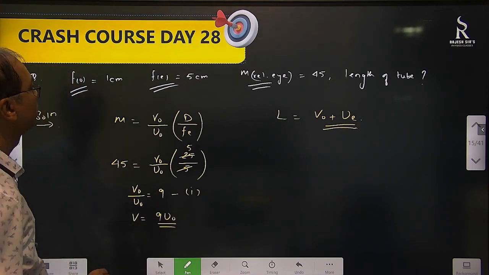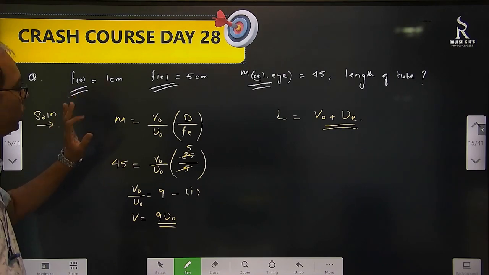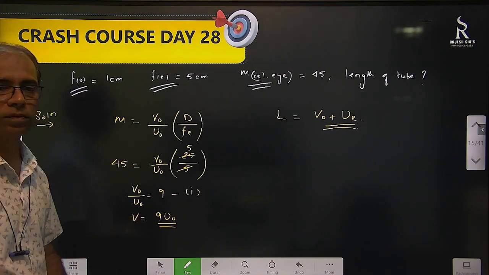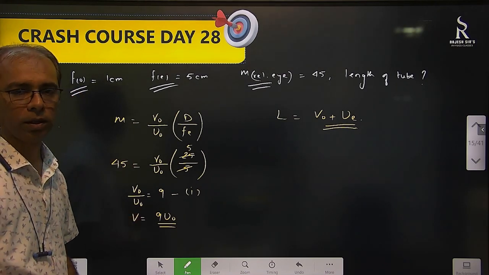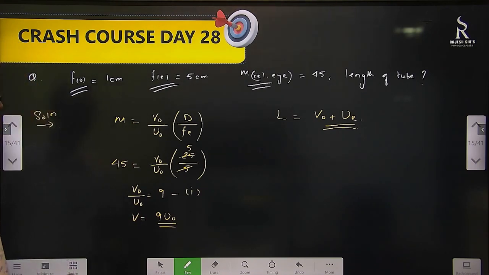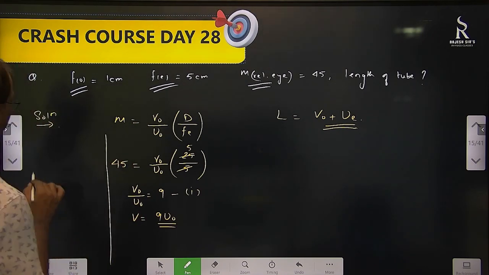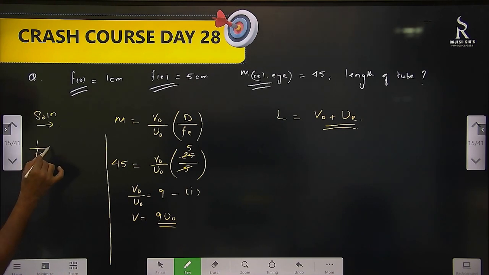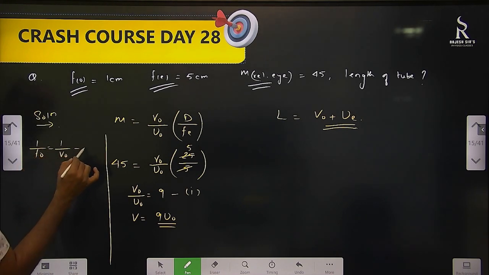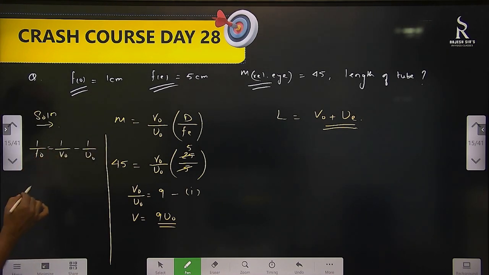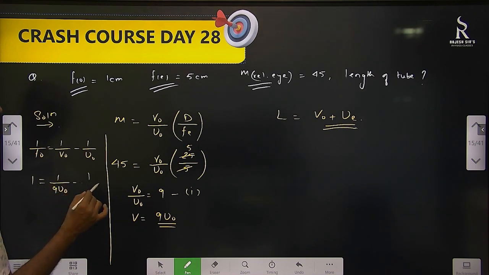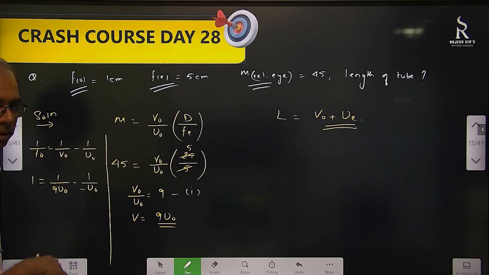Now what we can do? F O is given. If F O is given, from there I can get V naught value. Surely. Okay, so we'll do that. So 1 by F O equal to 1 by V naught minus 1 by U naught. What is F O? 1. So this is 1. V naught is equal to 9 U naught. So 9 U naught minus U naught. Real image, no, this one. Okay.